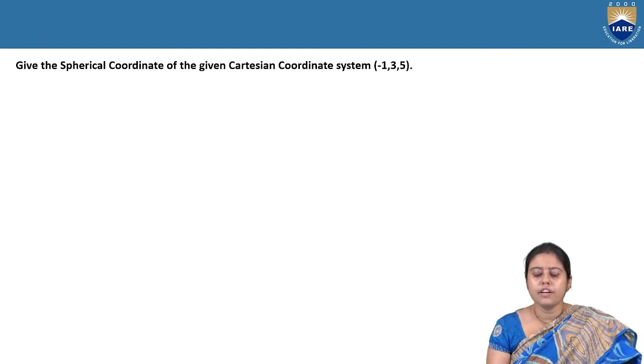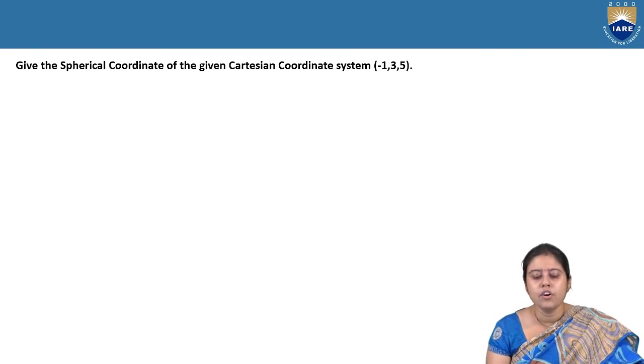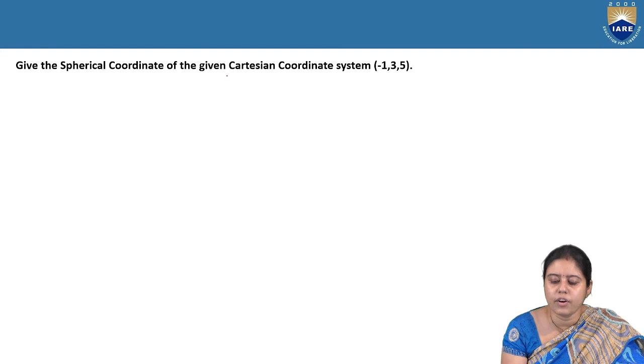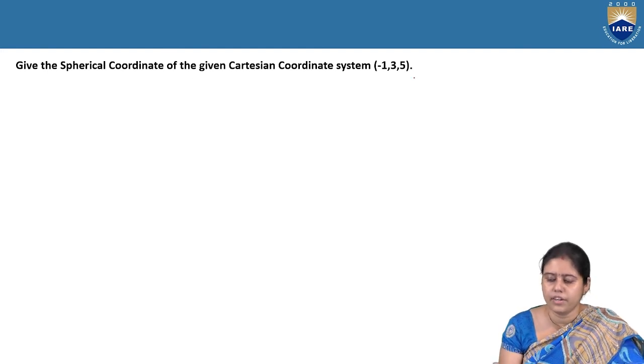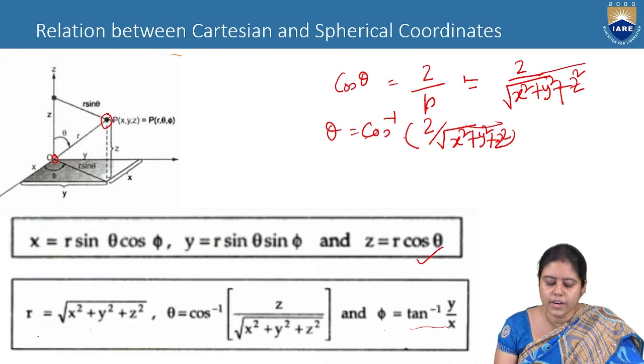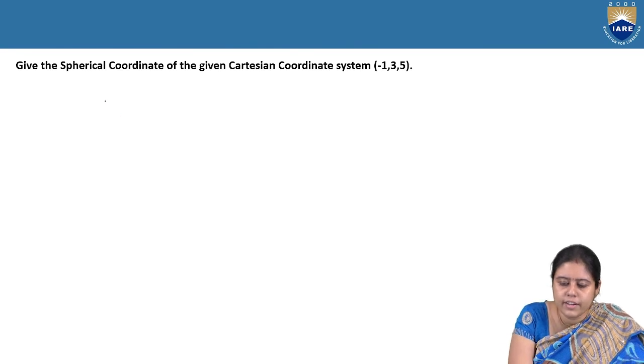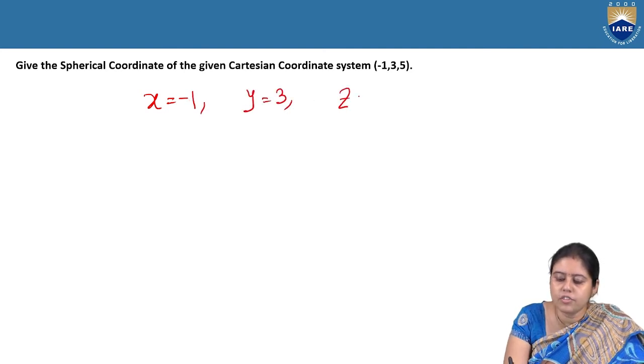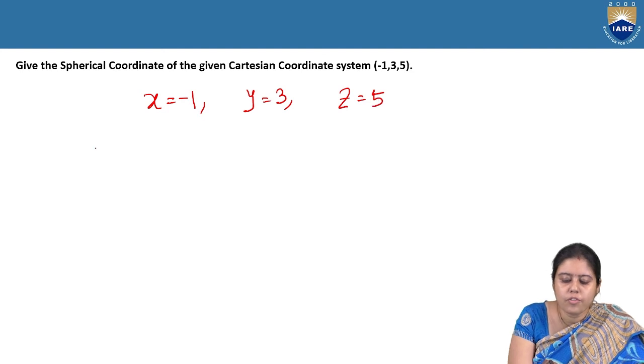So using the formula we can give the spherical coordinates of a Cartesian coordinate. How to do it? For example, x is equal to -1, y is equal to 3, z is equal to 5. What will be the value of r?